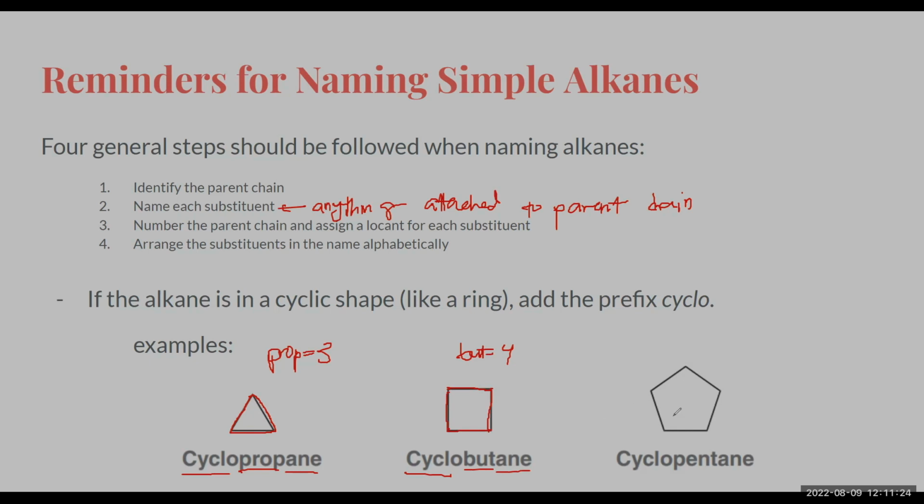Another one, pretty similar. Once again, pentane. Pent means 5. Ane means we have an alkane. Cyclo means that it forms a cyclic shape. So if you count the carbons, 1, 2, 3, 4, 5. It's a 5-carbon chain that forms a cyclic ring.